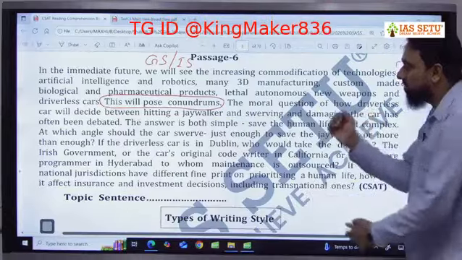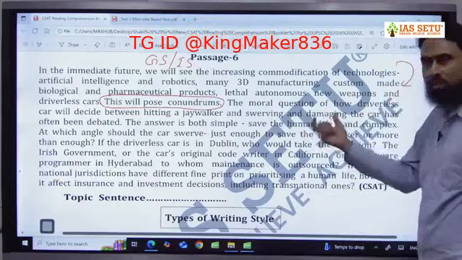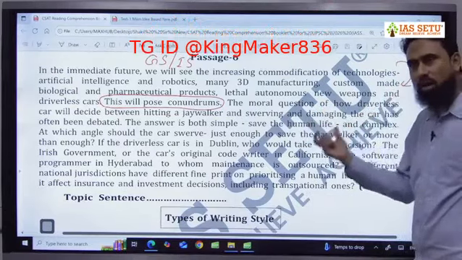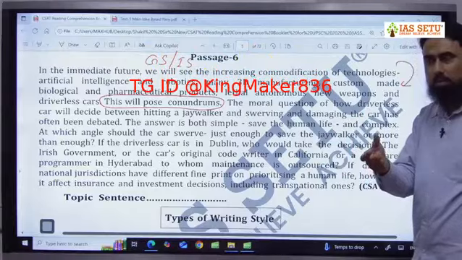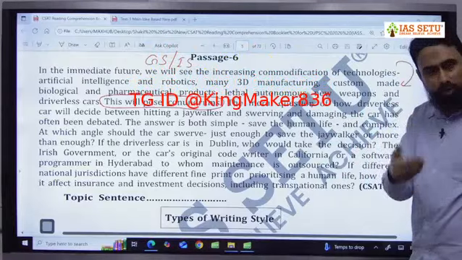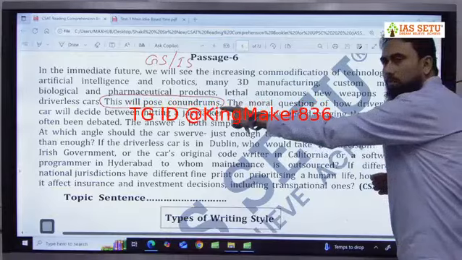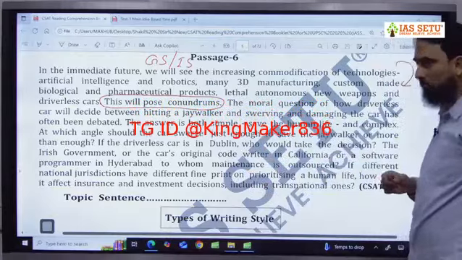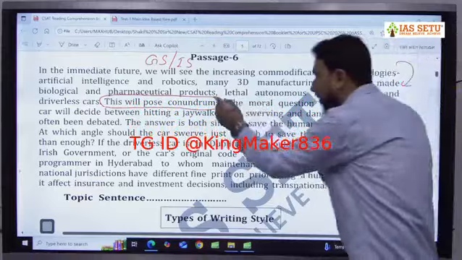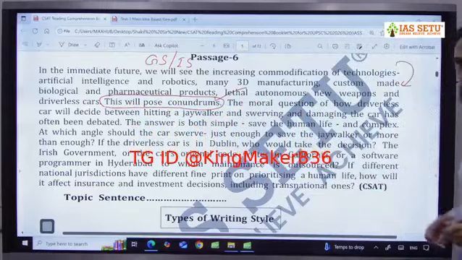So it means this driverless car has been used here as a premise, as a piece of evidence to establish this point. It will pose challenge, right? So this sentence actually reveals the author's main point.